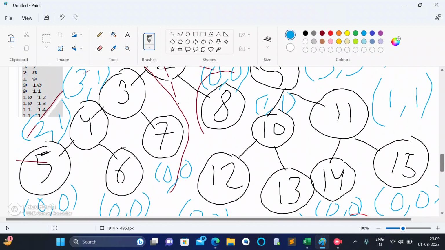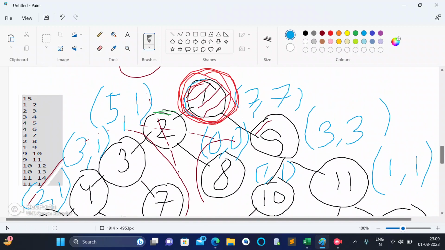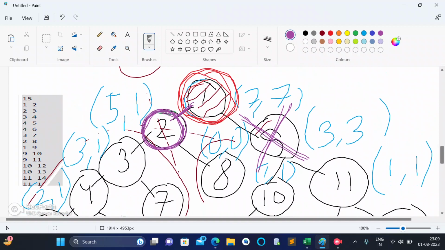We will discuss later what answer is. First, let's understand what 7 minus 1 means. When I am doing a recursive call on the left side, on 2, I am saying, not that I had actually done it, I am just saying that I decided to remove 9 and make a recursive call on the left side.